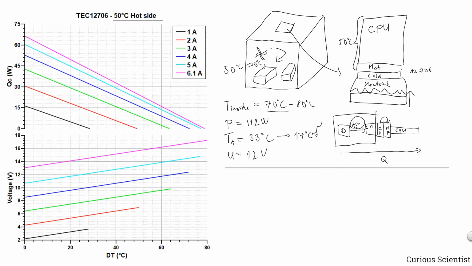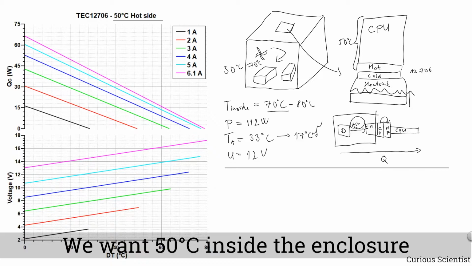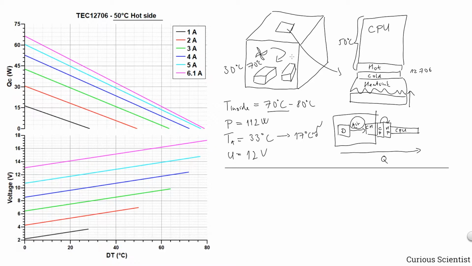So 40 degrees difference. And we know that with these certain settings that we can read from the performance charts, we can maintain 50 degrees Celsius. So let's say that we are aiming for 50 degrees Celsius on the inside. That means that we can maximize the heat transfer or cooling, or maximize the pumping of the heat based on these numbers.